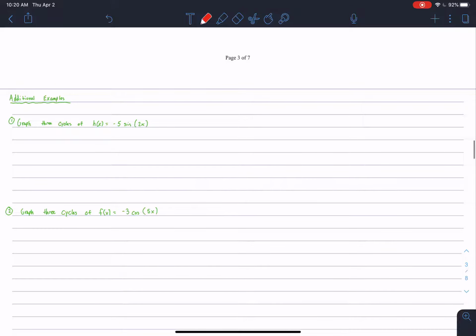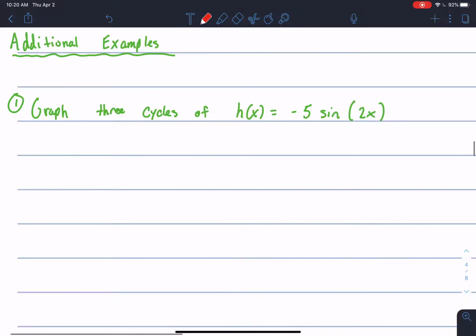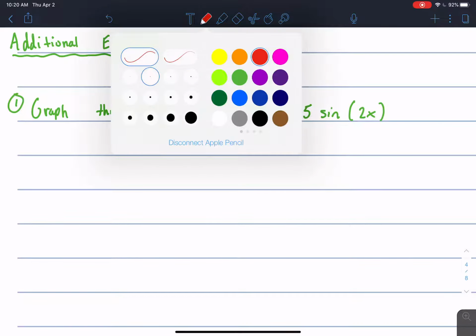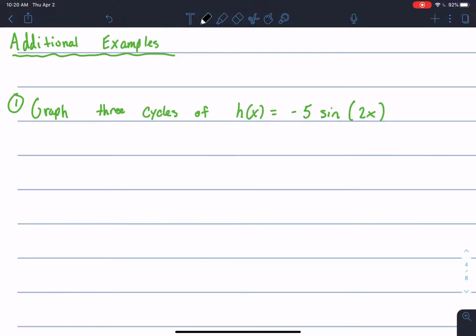I wanted to add a couple of extra ones here to throw in a reflection, and what that would look like. Here the amplitude is 5, and I'm also going to note that it's a reflection over the x-axis, because of this negative in front.